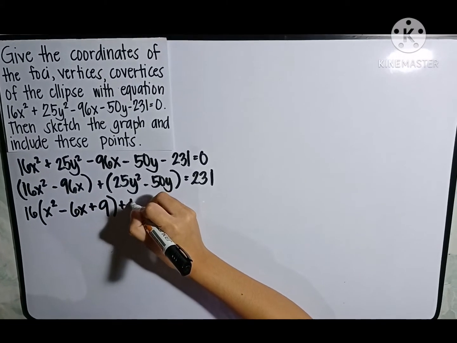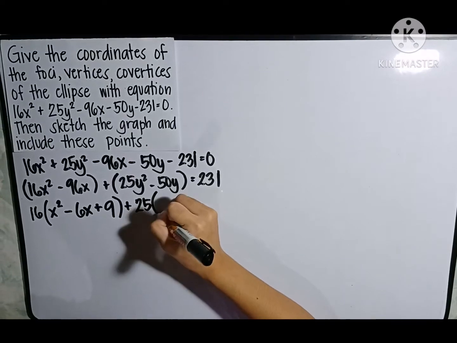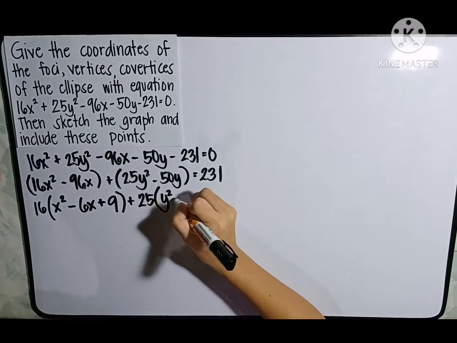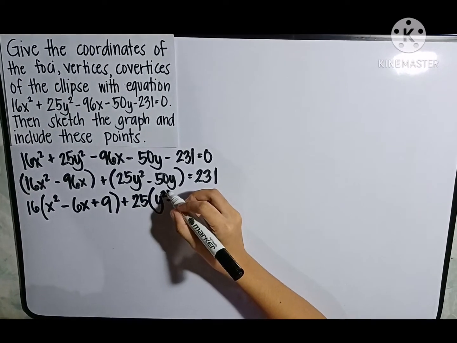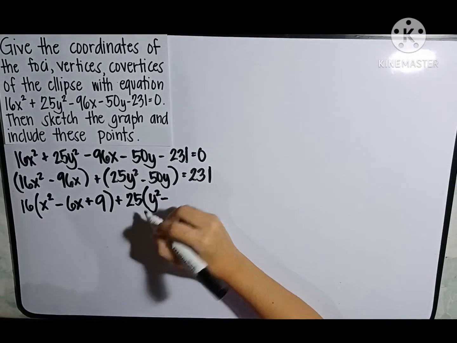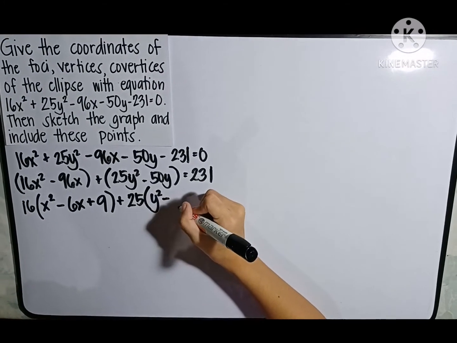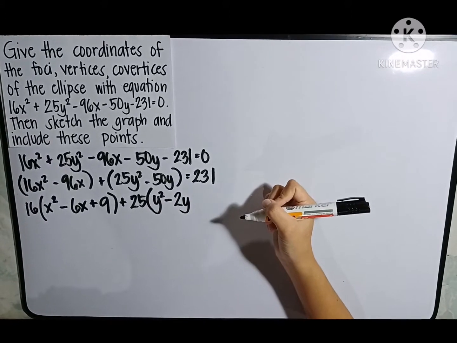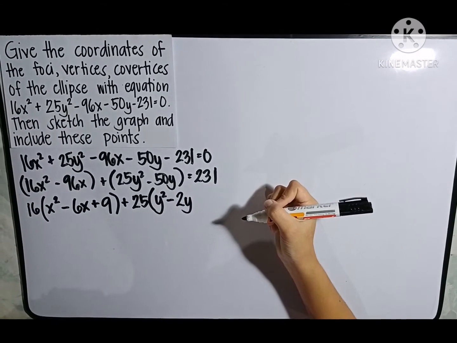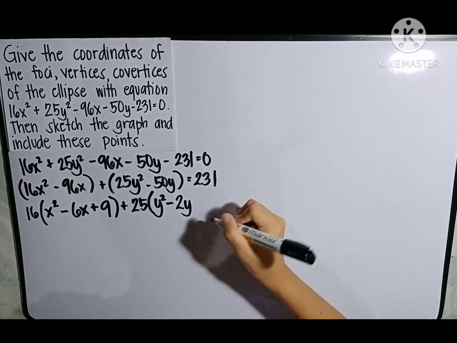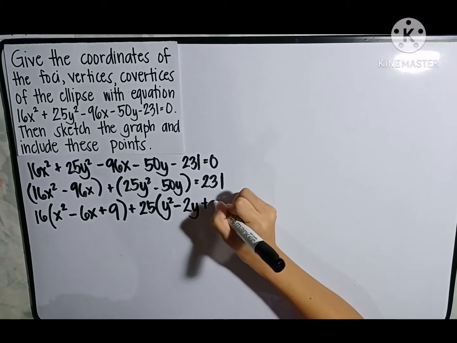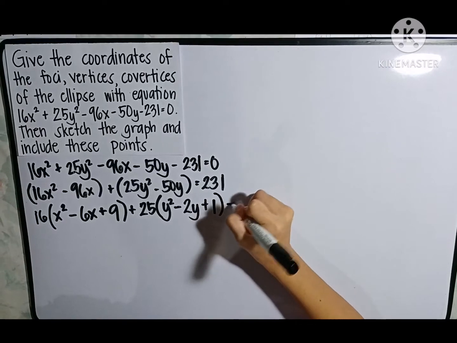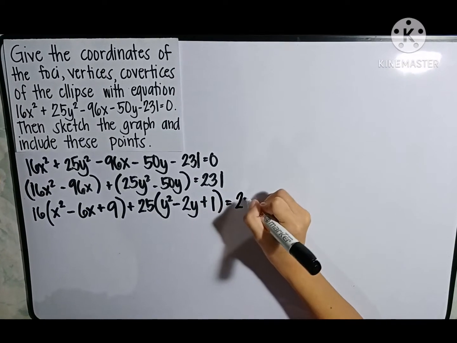Plus 25 times y squared minus negative 50 divided by 25 is negative 2, negative 2y. Negative 2 divided by 2 is negative 1. Negative 1 squared is positive 1, plus 1 is equal to 231.